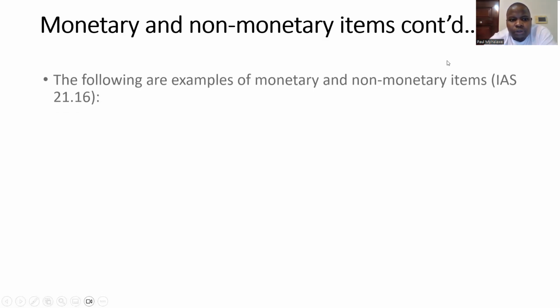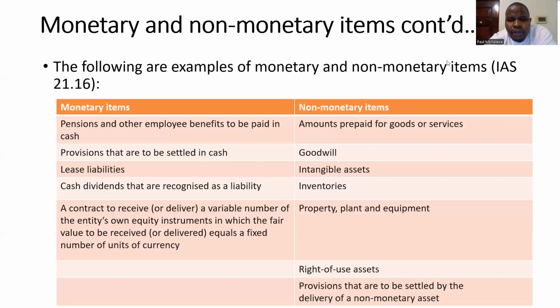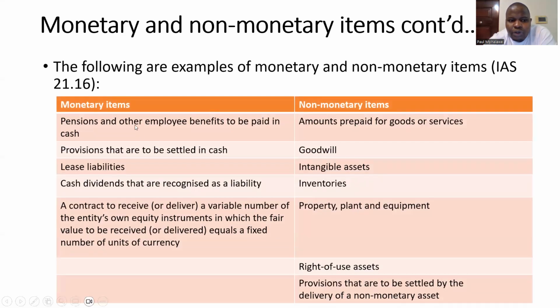Okay. To continue, the following are examples of monetary and non-monetary items. I've given examples of monetary items to my left and non-monetary items to my right. So examples of monetary items: pensions and other employee benefits to be paid in cash, monetary item. Provisions that are to be settled in cash, monetary item.